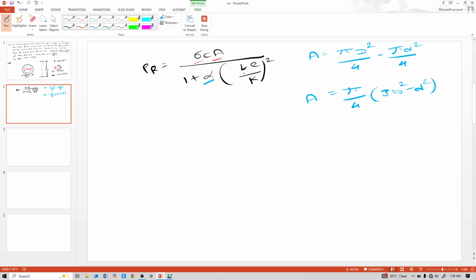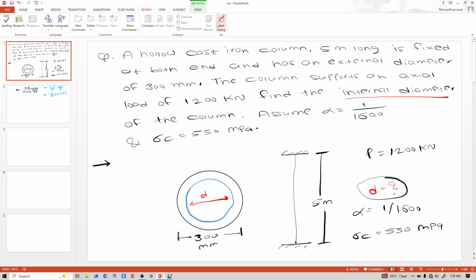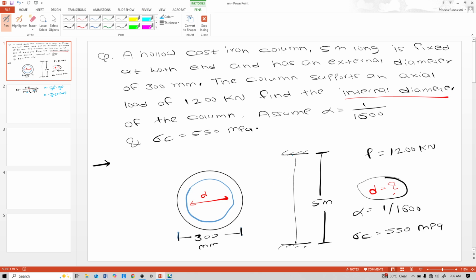This Le, that means, see, the boundary condition of that column is both ends are fixed. That means this column buckles like that. So that means Le is equal to L by 2. So L is 5 meter.